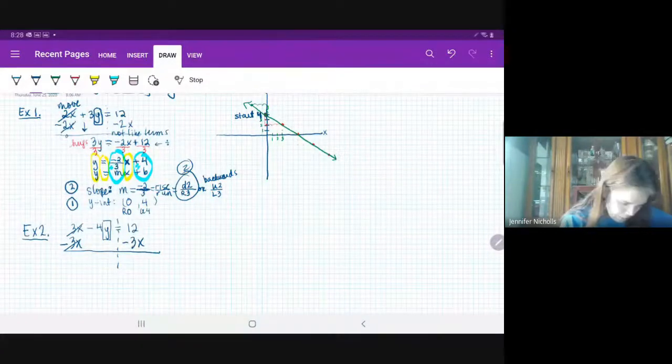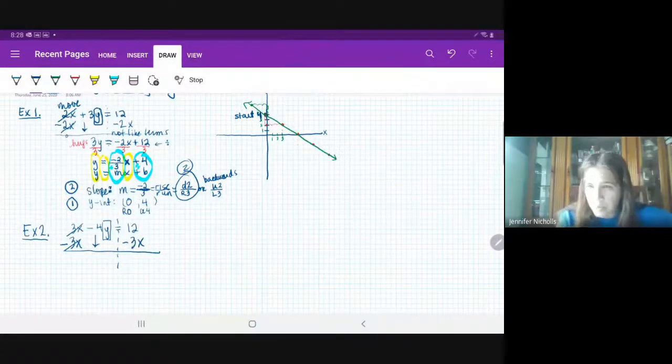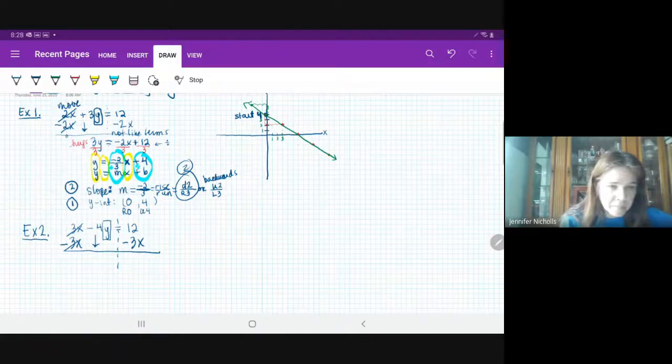What do you guys think? I want to bring this down. So Paul, what do you think? What do you get on the left side there? Yeah, negative 4y equals. And then Brandon, what about the right side?